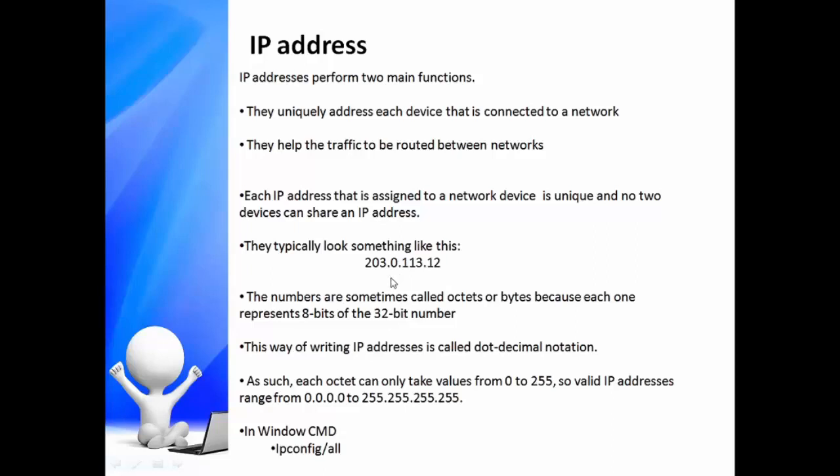The numbers are sometimes called octets or bytes because each one represents 8 bits of the 32-bit number. Each octet can only take a value from 0 to 255. So valid IP addresses range from 0.0.0.0 to 255.255.255.255. This way of writing an IP address is called dot-decimal notation.